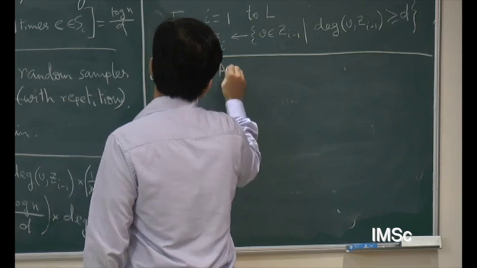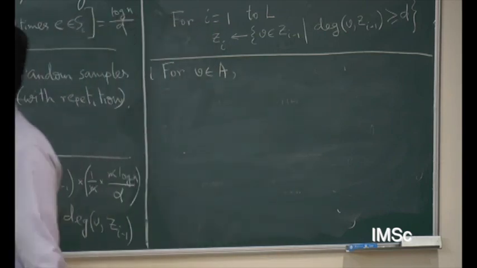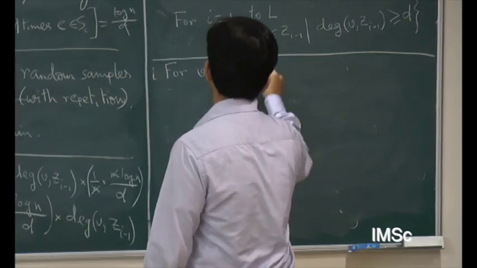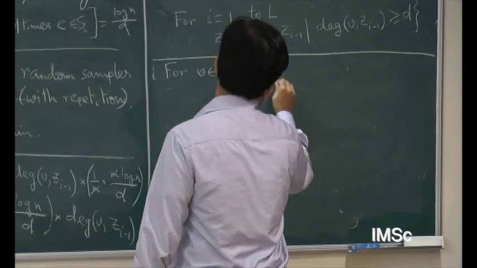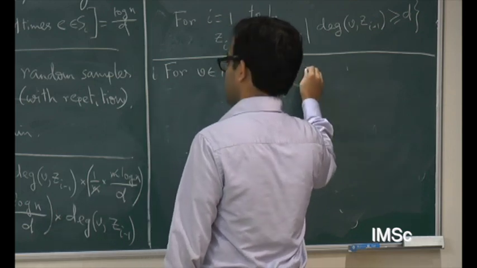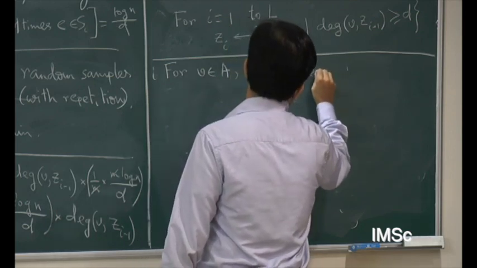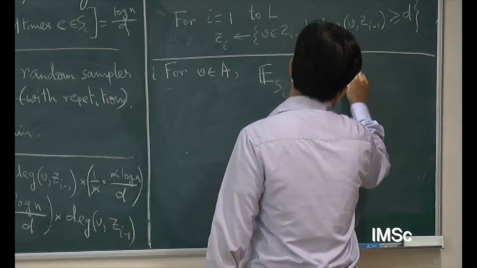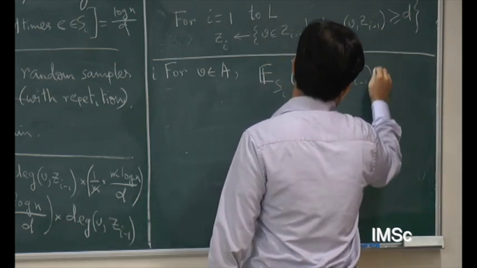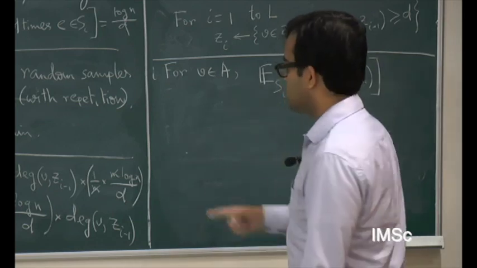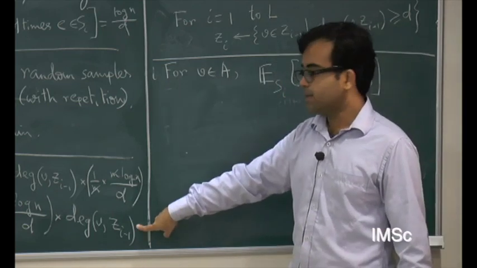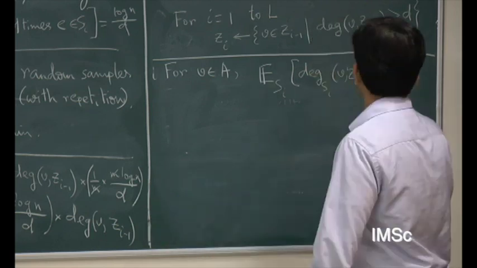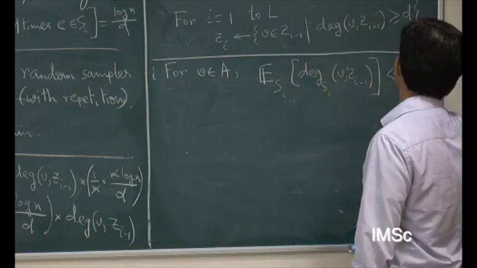If a node V has sufficiently low degree here, what will be its expected degree in the sample? This quantity is less than d over 1 plus epsilon, right? This is going to be less than log n over 1 plus epsilon.